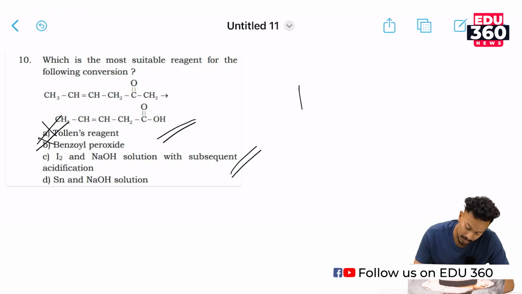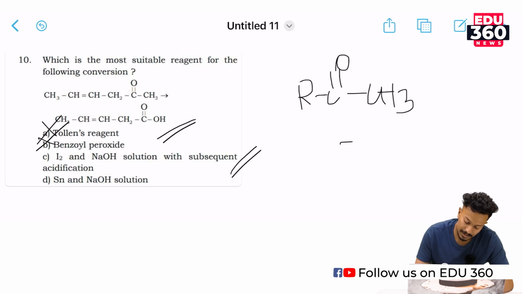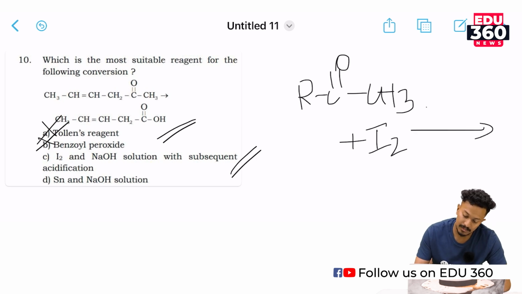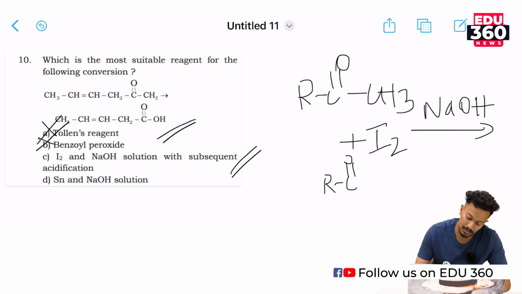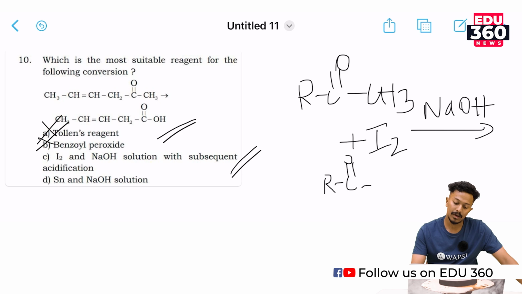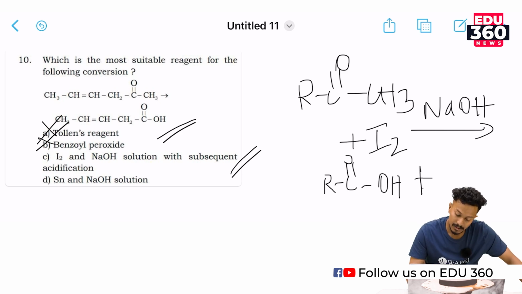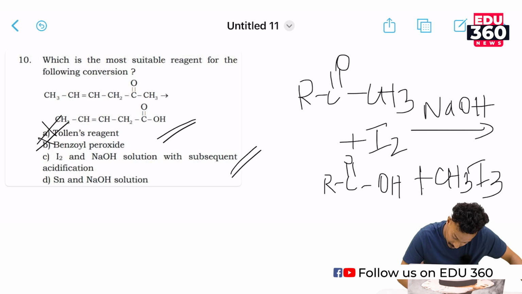When a ketone RC double bond O CH3 is treated with a halogen like I2 with sodium hydroxide, we get RC double bond O with an oxide of the alkali, along with triiodomethane, CHI3.